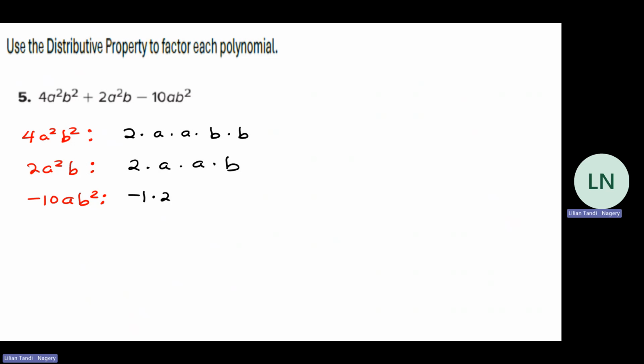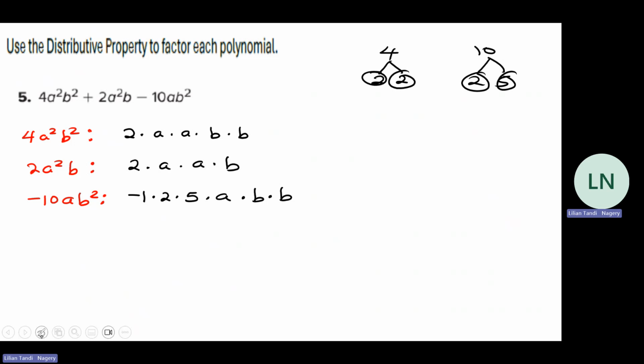Negative 1 times 2 times 5 times a times b times b. 4 is 2 times 2. 2 is already a prime number and it does not have another factor below it. 10 becomes 2 times 5, and that's what I did. But because it was negative, I have to start with negative 1.